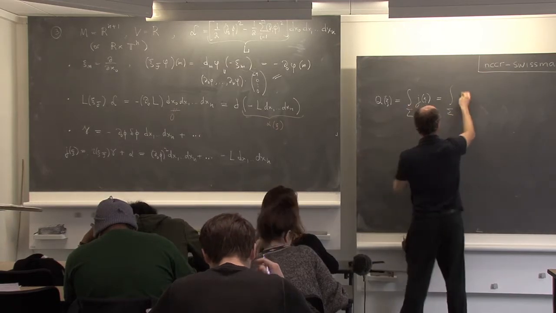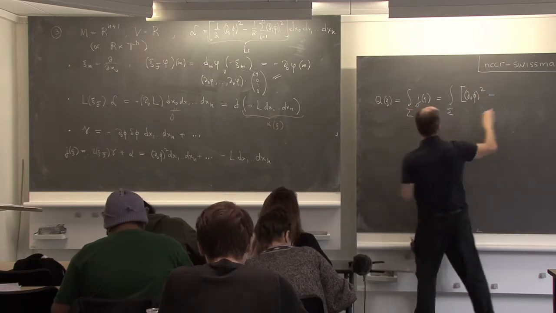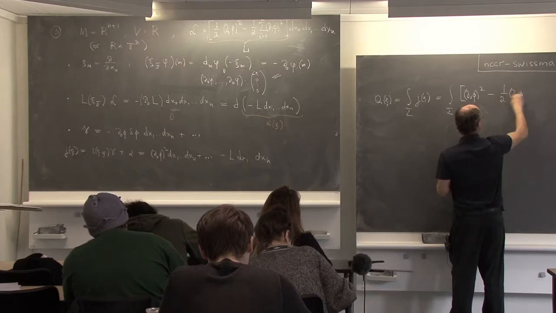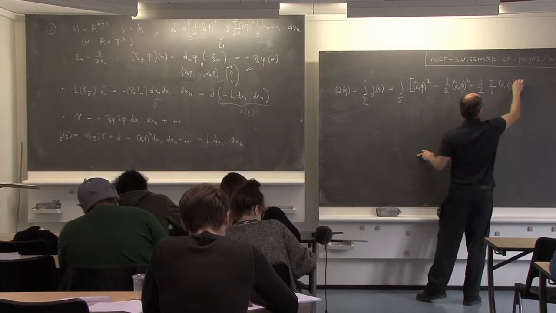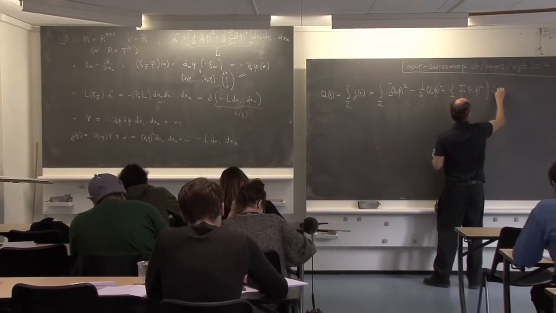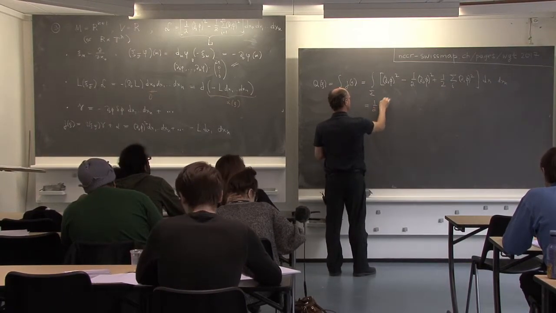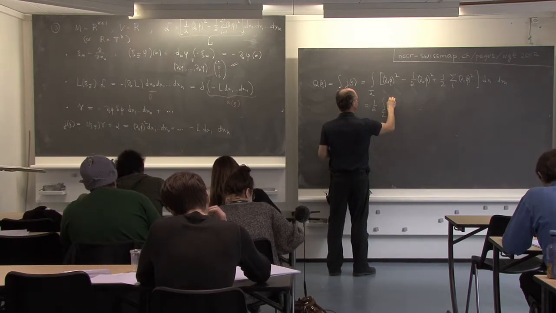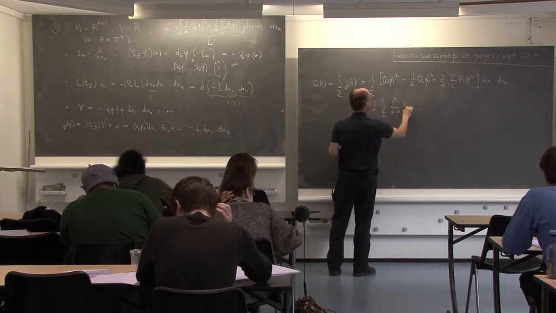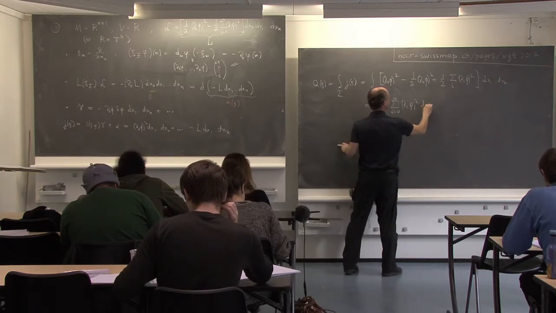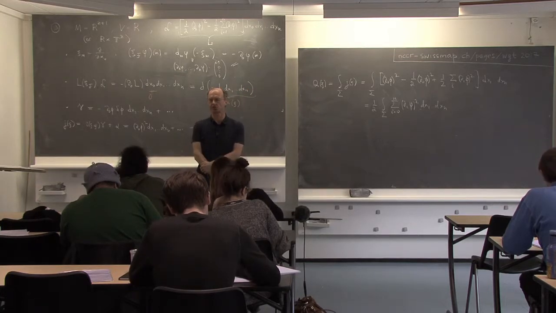And I will have an integral here, d naught phi squared minus L, 1/2 d naught phi squared plus 1/2 sum over i, di phi squared, dx1 dxn, or perhaps I rewrite it in a more conventional form, and here I will have sum from 0 to n di phi squared dx1 dxn. So that's the conserved charge.